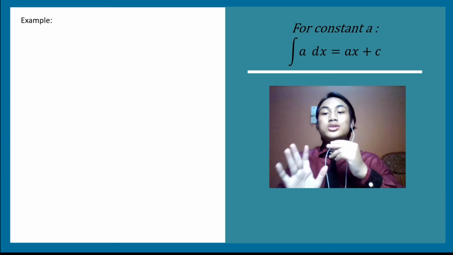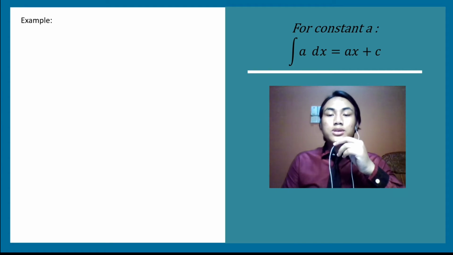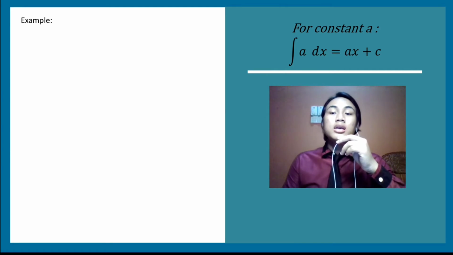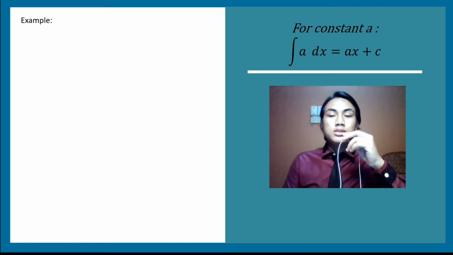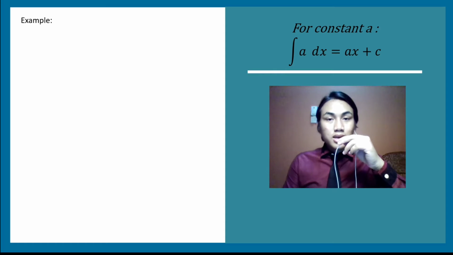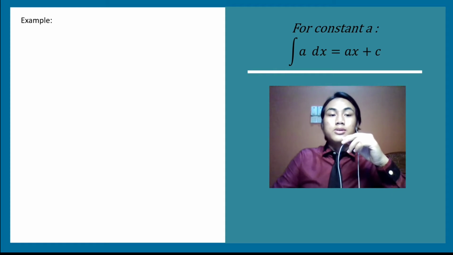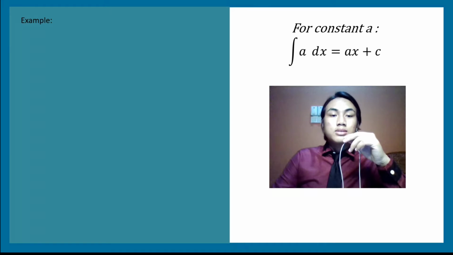For constant a, we have the formula: the integral of a ds is equal to as plus c. A constant can be anything except variables. It can be numbers, or symbols like pi or sqrt 2. Here are some examples: integrate 2 ds and we get 2s plus c.